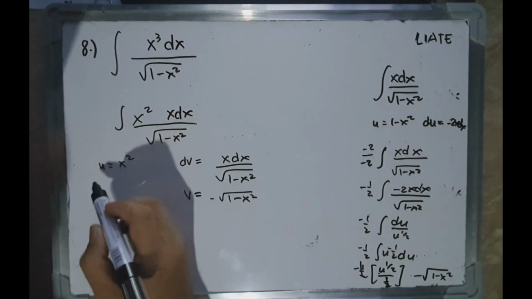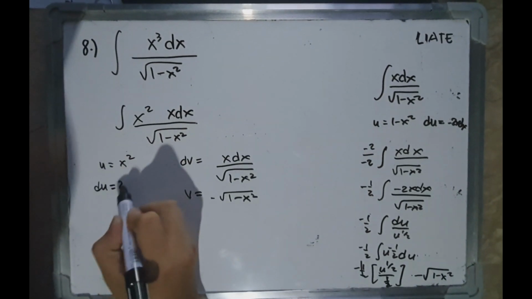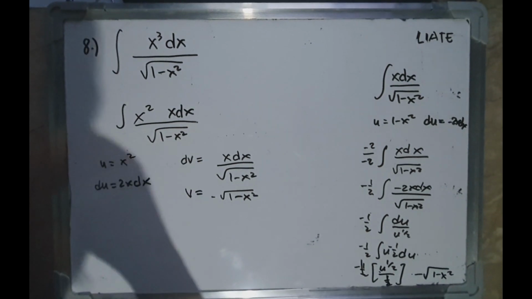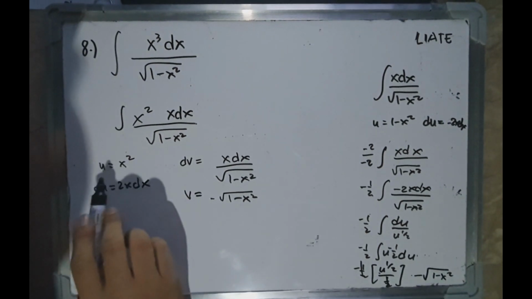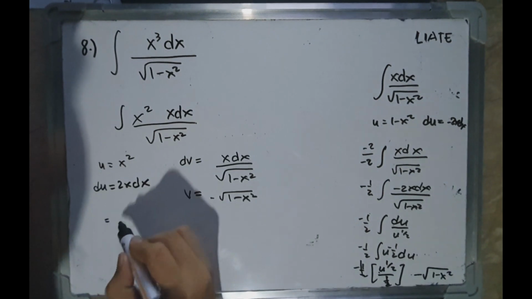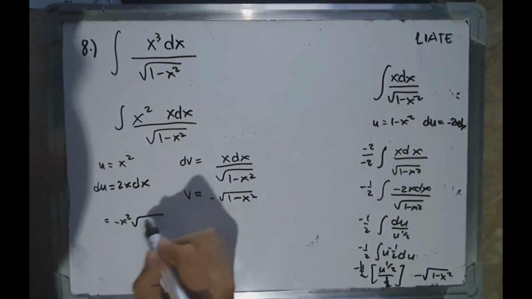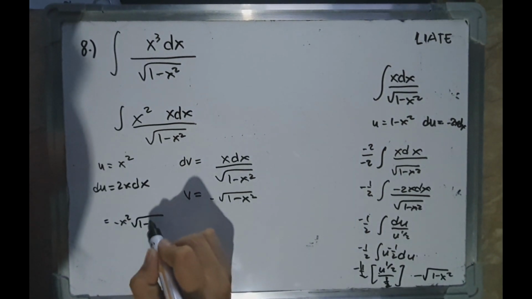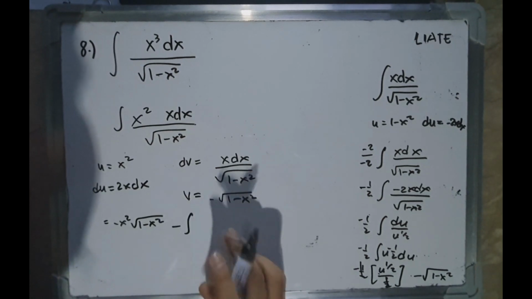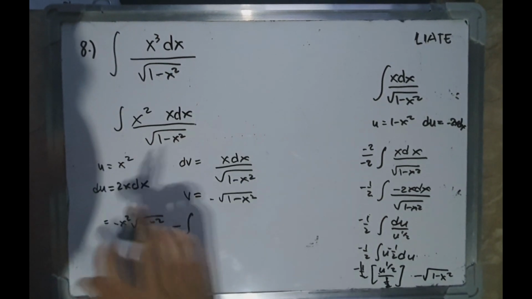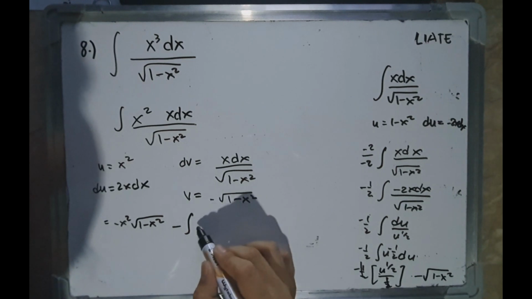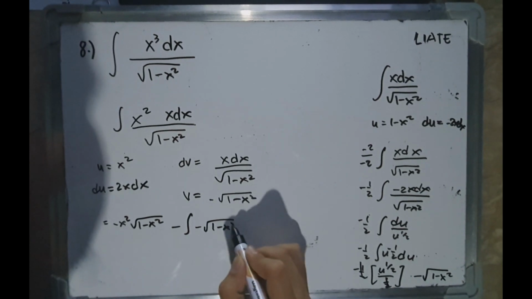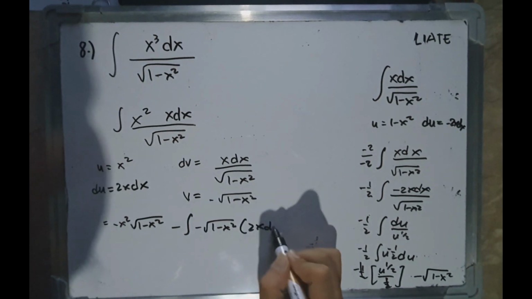Derivative of the u, which is 2x dx. Apply the formula, u times v, negative x squared, square root of 1 minus x squared, minus integral of v, and this is the du, minus square root of 1 minus x squared, 2x dx.